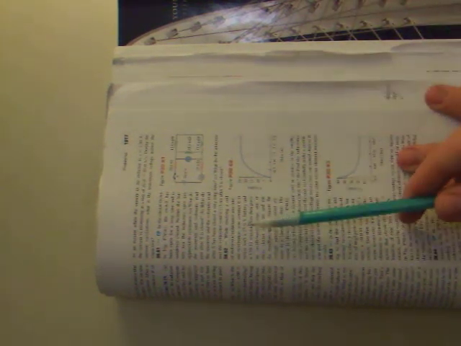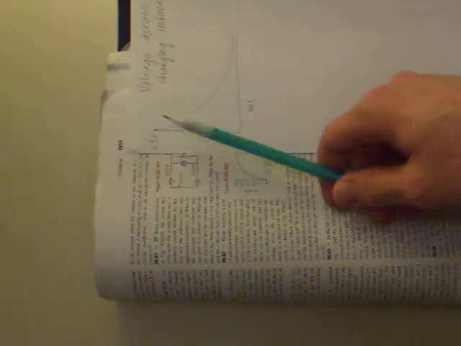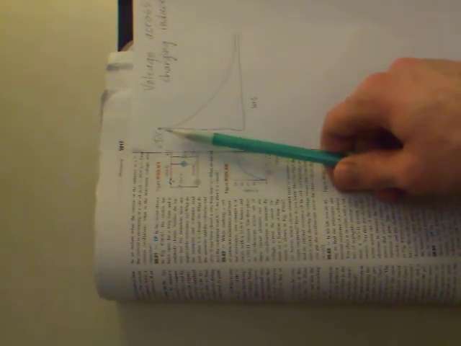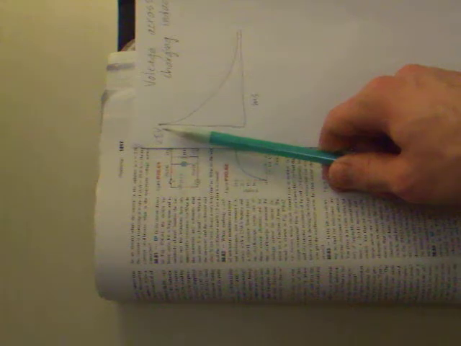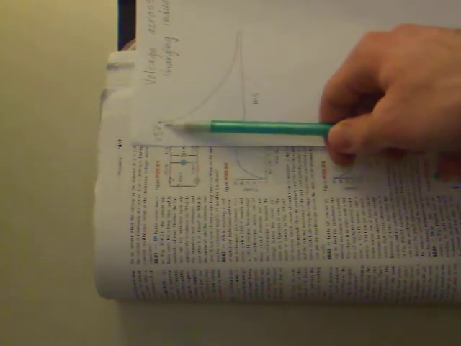So the voltage of the battery minus the voltage drop across the circuit elements must be equal to 0. So we know that it's going to look like this. The voltage drop across the inductor is going to be 25 volts right when the switch is thrown, right here, t equals 0. And then it's going to level off and approach 0 just as this approaches 25 volts.